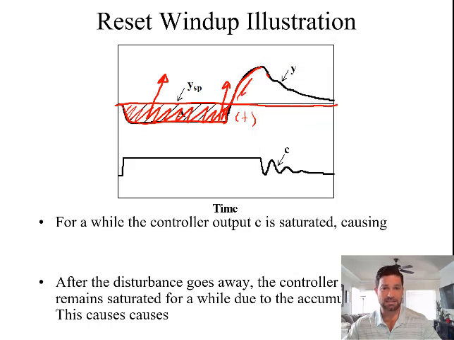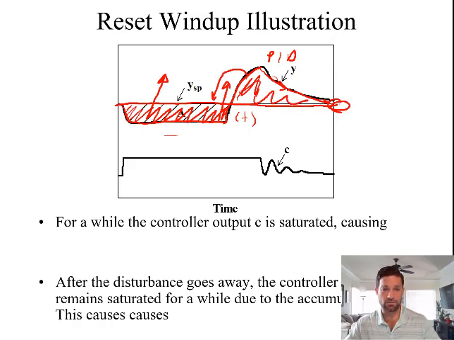Then as this error starts to become equal to this error, we also have the proportional term. For the PID controller, at this point, the proportional term is going to cause the control action to start decreasing. The effect of the integral term is going to be less, and the controller is going to come back down to 0, and it'll get back to the set point once these errors are equal to each other.